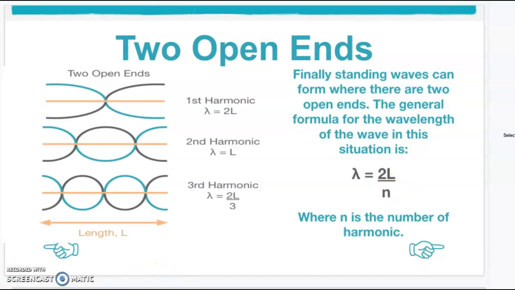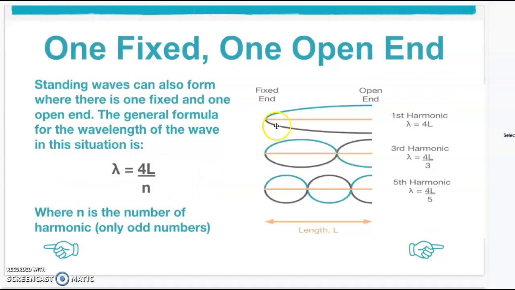Now, where this gets a little bit tricky is with open at one end. With one fixed, one open, you end up with this strange situation with our simplest form being the first harmonic. Our next is the third harmonic, so we've got an interesting relationship with our N there. And then our next one is our fifth.